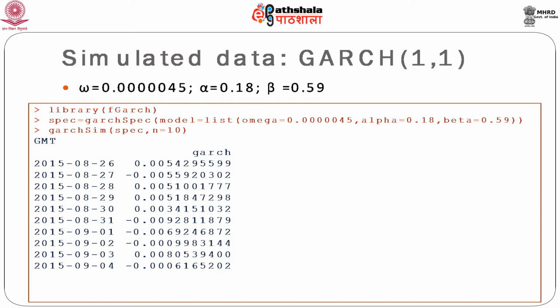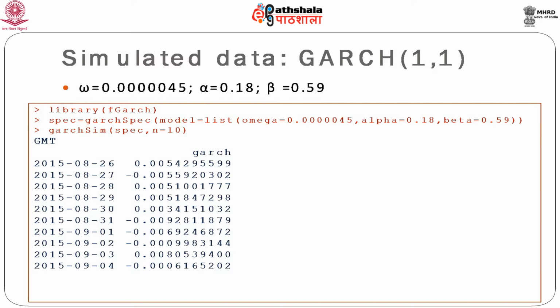For omega I assume a very small value, just to ignore the mean component of the data and focus only on the noise part. Alpha is assumed to be 0.18 and beta 0.59, and then once you set these values, you can call the library fGarch.